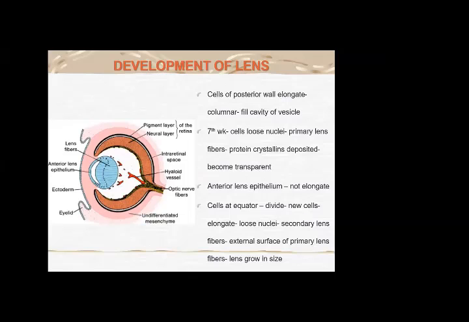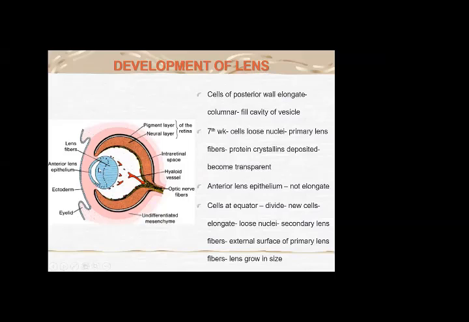So these cells that line the posterior wall of the lens, these cells that become columnar, lose their nuclei and their ability to multiply. They are called primary lens cells or primary lens fibers.